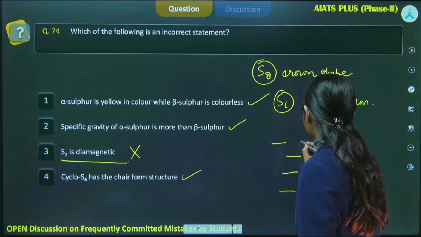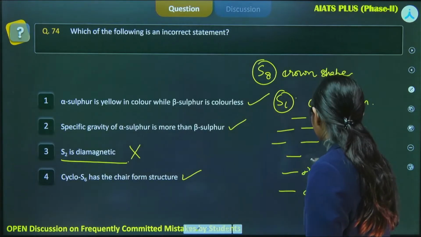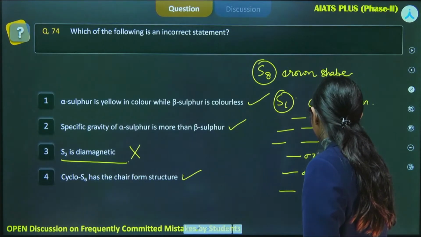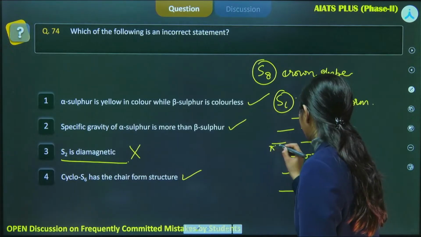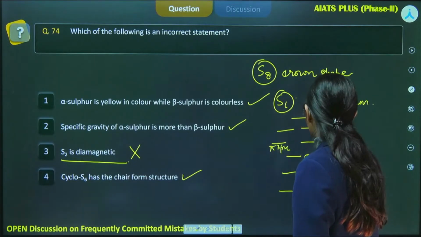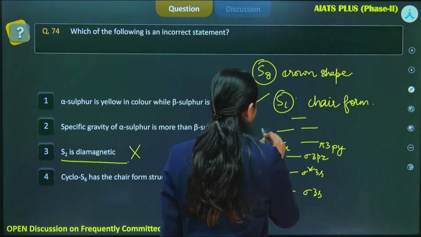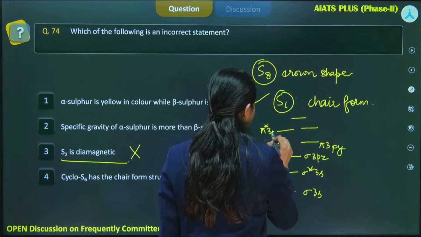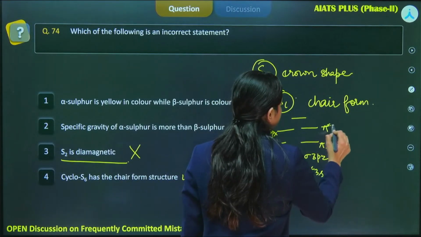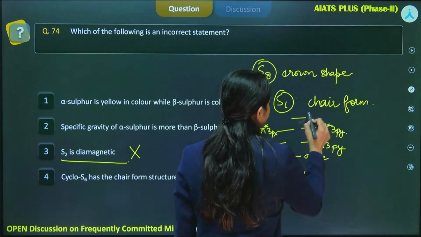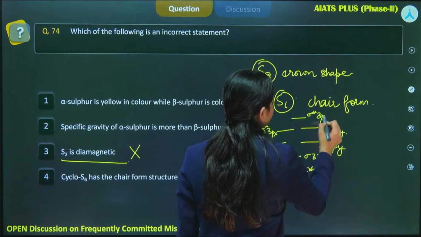Now this will become sigma 3pz, pi 3px, pi 3py, and pi star 3px, pi star 3py, and this is sigma star 3pz.